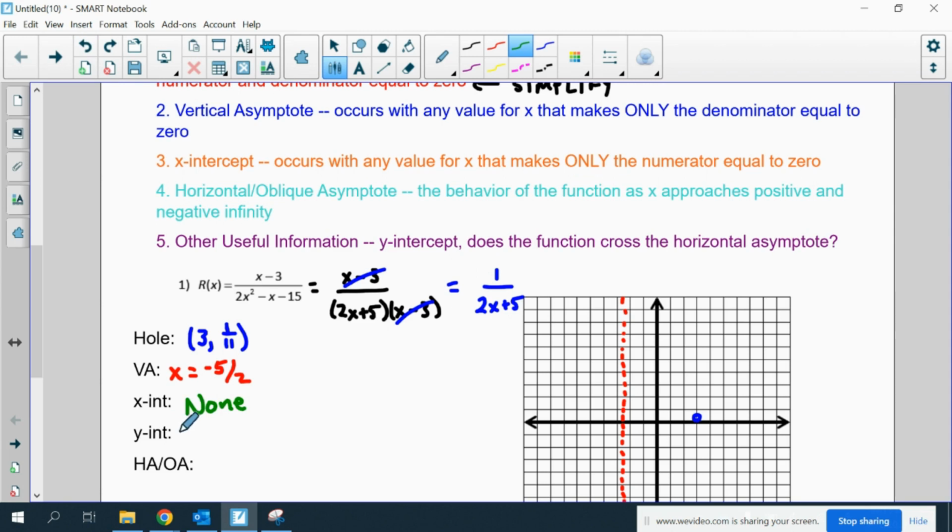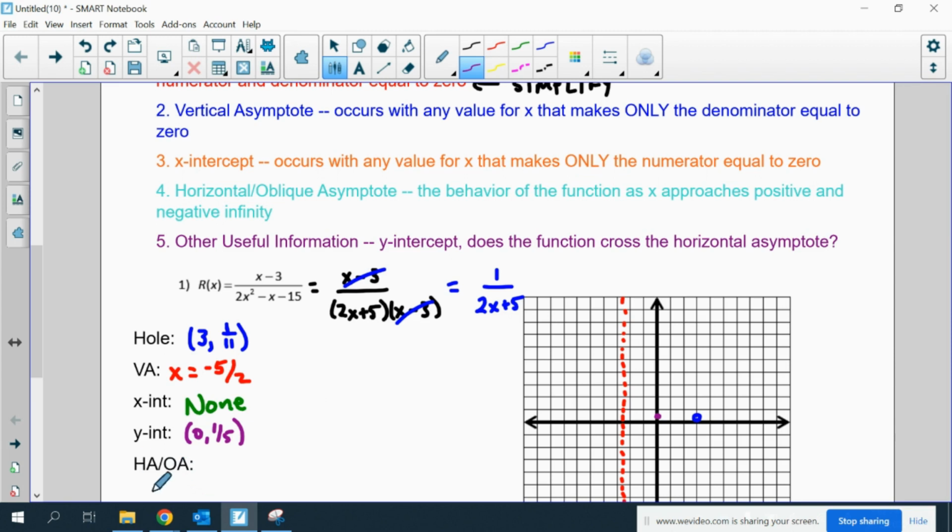The y-intercept would be what happens when we substitute in x equals 0. So if we substitute in x equals 0, we get 1/5. We also could have done that at the very beginning of the problem. If you substitute x in as 0, you get -3 over -15, which is also 1/5. So the y-intercept is at (0, 1/5), which is also a pretty small value.